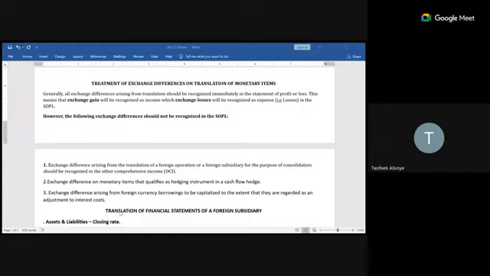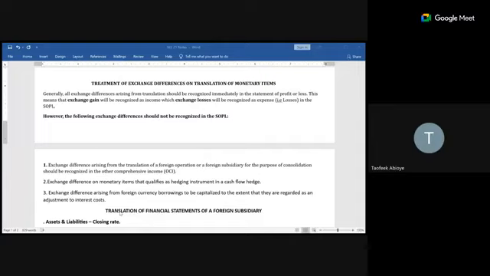So that is foreign operation. When you are doing IAS 21, it is very important. You must understand how to calculate your exchange gain and exchange loss, and we will discuss extensively on it. It is a must, please.